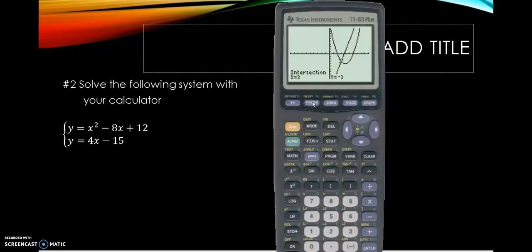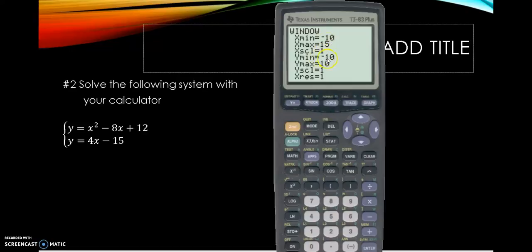Then how do we get to this second solution? So I'm going to go to my window. I could zoom in or zoom out. There's different types of zooming features that I can also use in practice with the zoom menu. But I'm going to go to the window, and I need it to be a little bit longer than just 10, so I'm going to have the x values go from maybe -5 to 15.